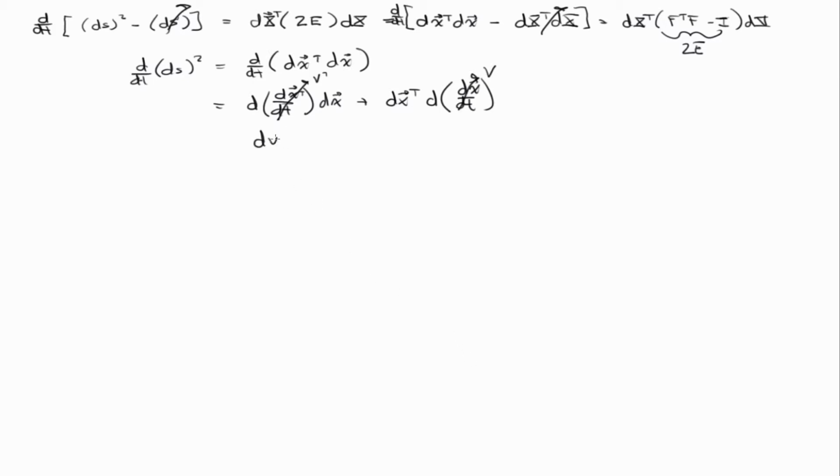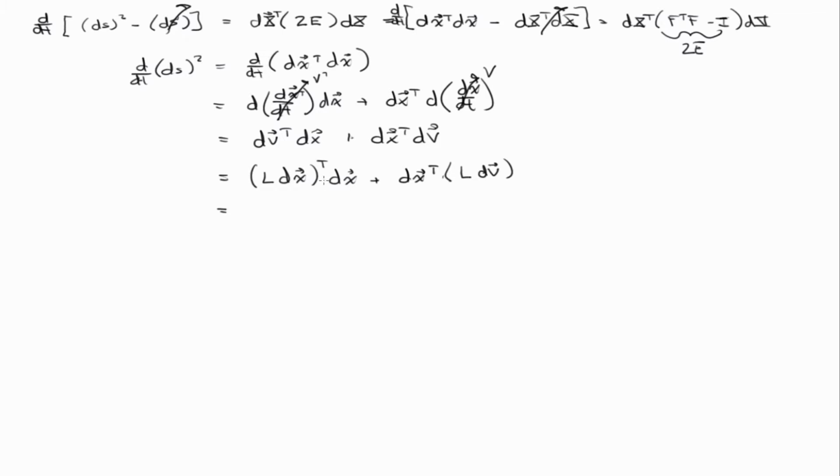So I really have dv dx plus dx dv, right? And then we had an equation for dv. dv was equal to L dx, right, the velocity gradient, and the transpose is dx transpose L transpose, and dv.